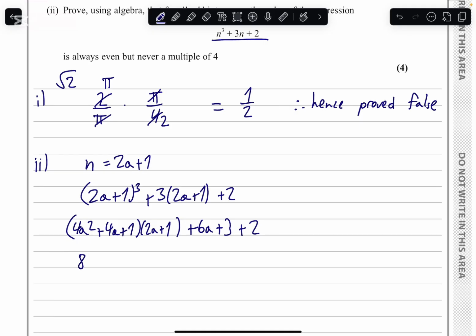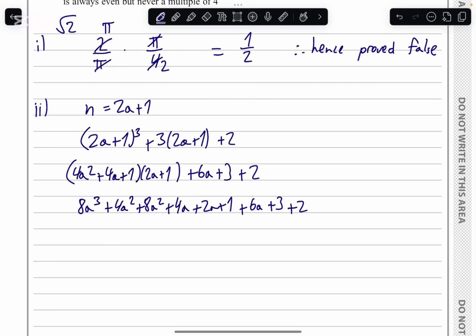Expanding that even more, we get 8a cubed plus 4a squared plus 8a squared plus 4a plus 2a plus 1 plus 6a plus 3 plus 2. If we add up all the like terms, we're left with 8a cubed plus 12a squared plus 12a plus 1 plus 3 plus 2, which leaves us with plus 6.